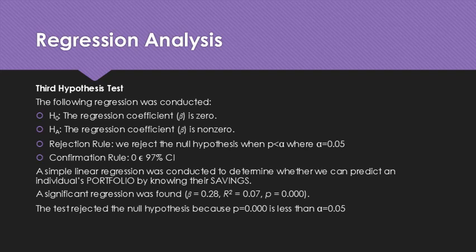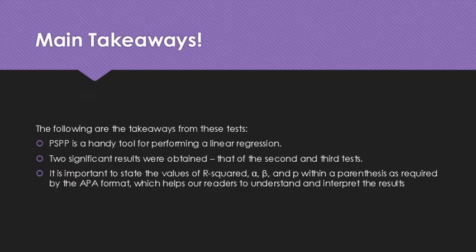A significant regression was found again with a beta value of 0.28, R square of 0.07, and a p-value of 0.000. The test rejected the null hypothesis because p-value of 0.00 is less than the alpha value of 0.05.